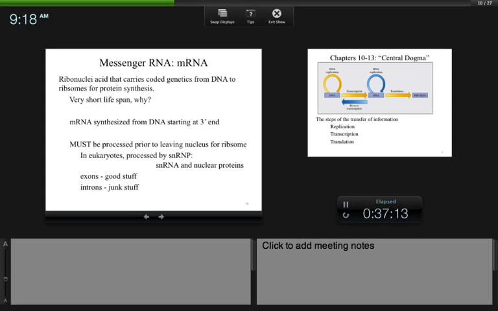Okay? So we get two pieces of information. We get good stuff that we actually want to leave the nucleus, and then we also have bad stuff that we just want to get out of the way so it doesn't actually translate across. Okay? So your exons are your good stuff, your introns are your junk stuff. Okay? Very scientifically.